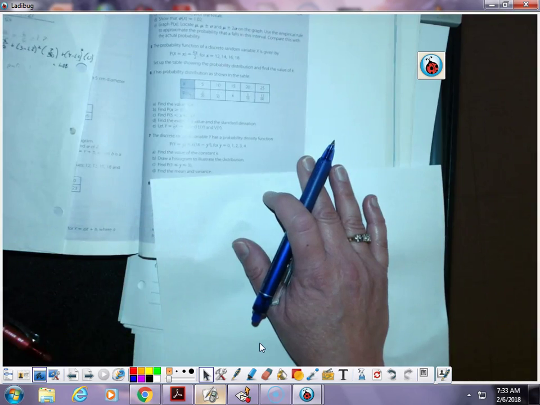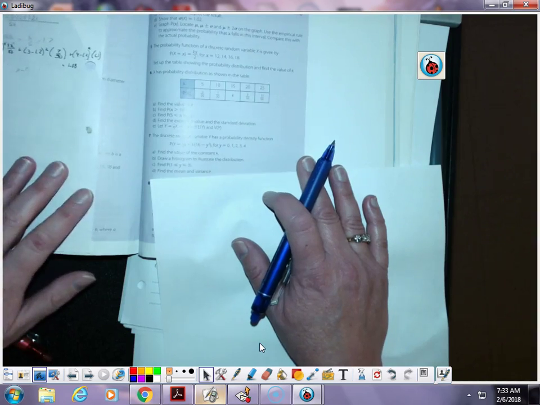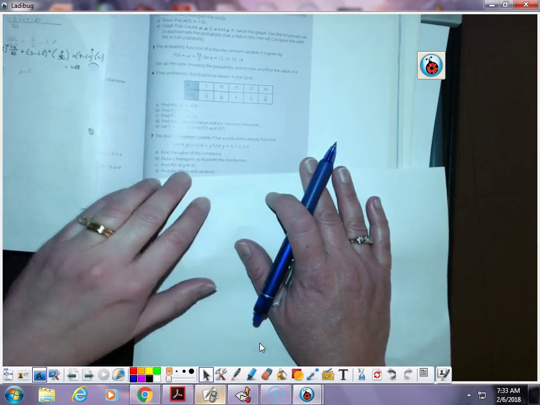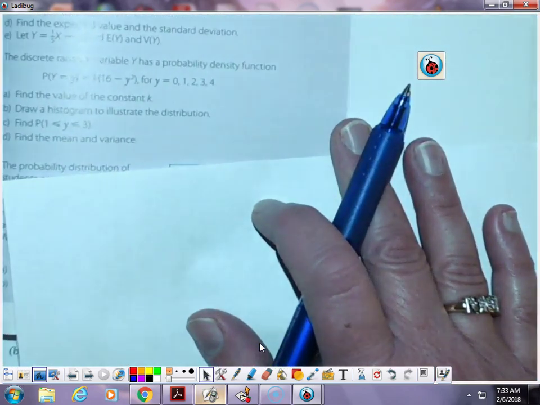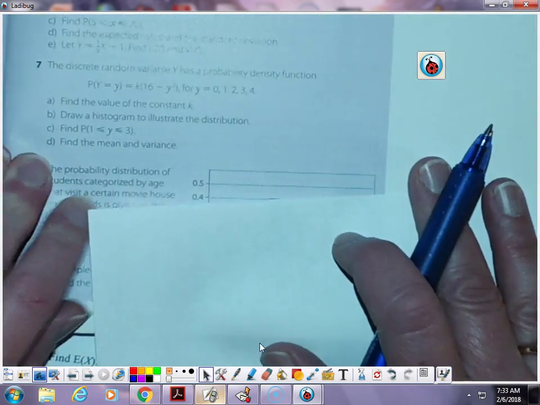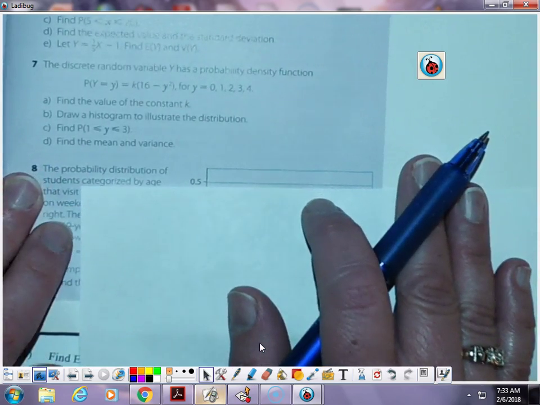I was asked on, is it number 7, Cora? The one where it has the less than or equal to signs. C? Okay, so I'm zooming in on 7C. Can you explain the histogram?